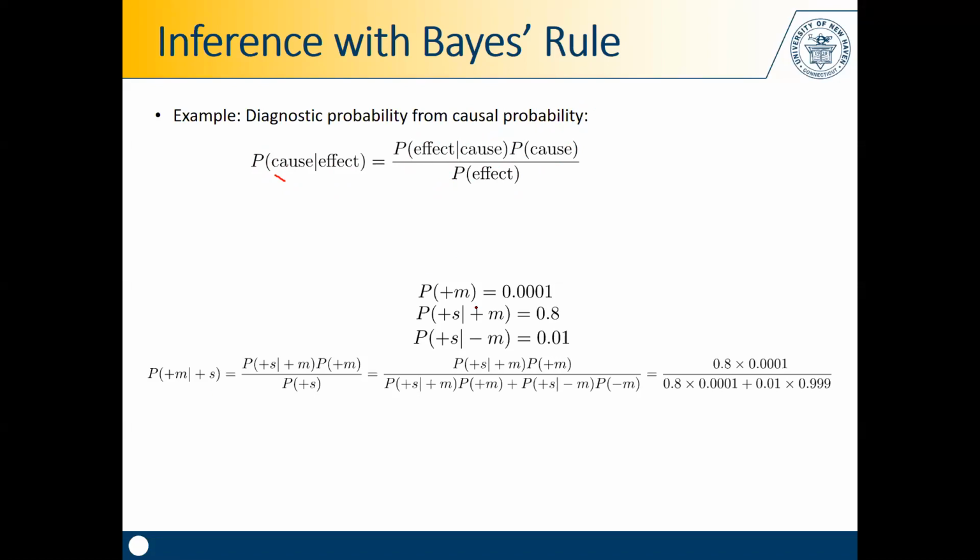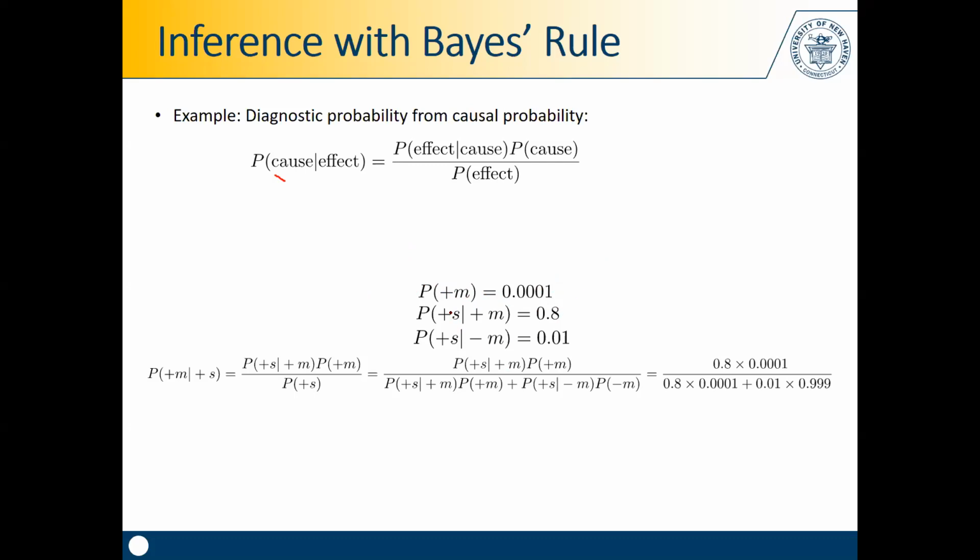So let's say we have these probabilities: the probability of plus m, migraine, is 0.0001. The probability of a person having migraine in the universe is 0.0001.